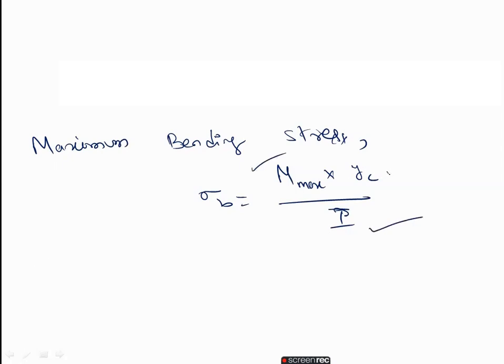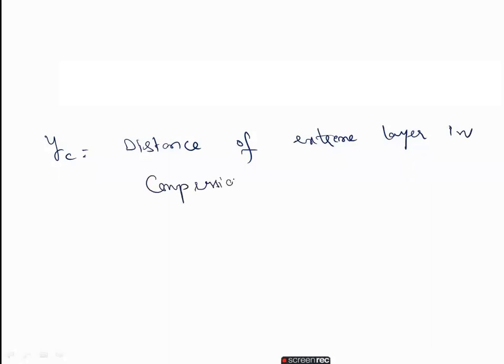Now we have to calculate the Yc value. What is the Yc? First I will write that Yc is nothing but the distance of the extreme layer in compression from the neutral axis.